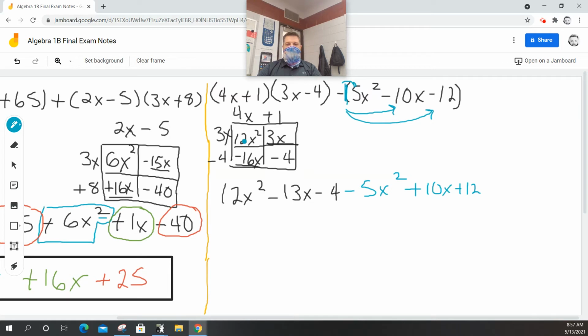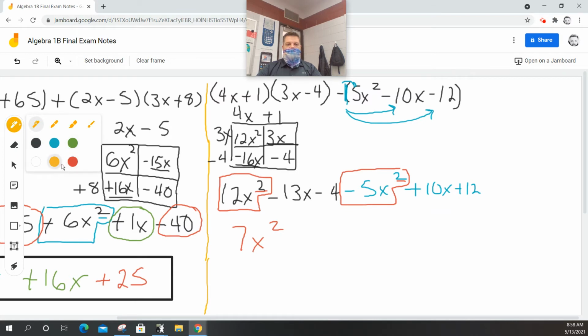Okay? So then I've got to do the same thing that I did before, right? I'm going to add them up. So I've got 12x squared minus 5x squared. We're just looking at the x to the second power. That's just going to be 7x squared.